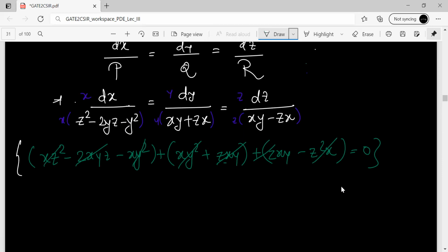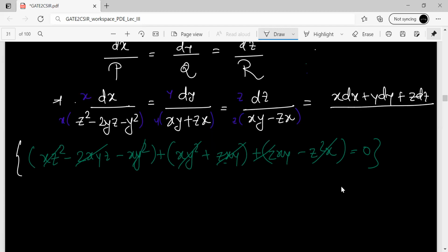So here this implies I'm getting, rather, I'll write down this. Since I know that this is 0, I'll write down x dx plus y dy plus z dz whole upon, and I know this part right here I have done, so I'm getting 0 here. Okay, so for reference it is. Now consider any part.